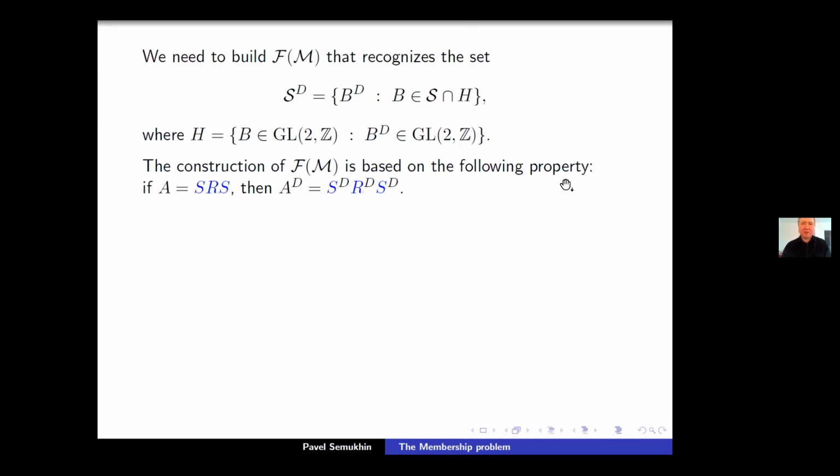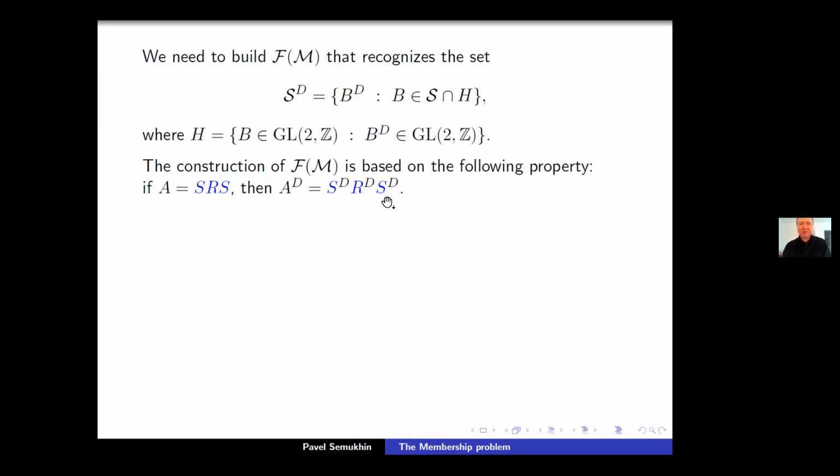And we can use the following property of conjugates. If we have a matrix A, which, for example, equals SRS, then A conjugated with D will be equal to S conjugated with D times R conjugated with D times S conjugated with D. Right?